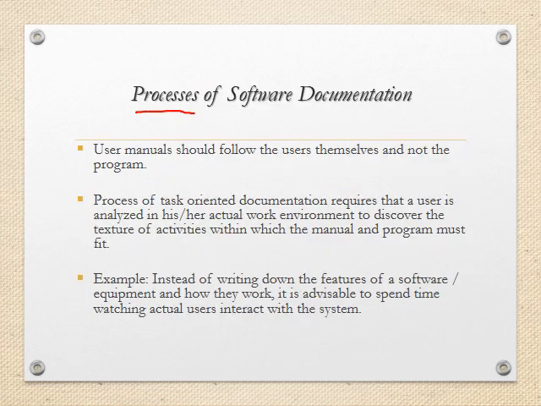Processes of software documentation. A user manual should follow the users themselves and not the program. In order for the task orientation document to be successful, the process should first start with analyzing the user in his or her work environment to discover what kind of activities the manual and program must fit.